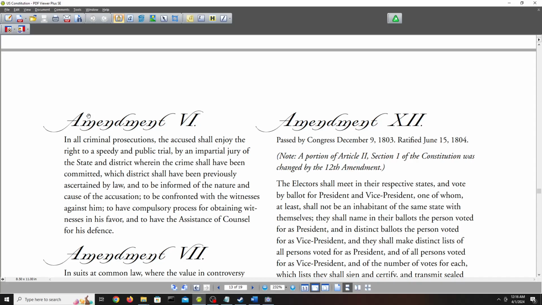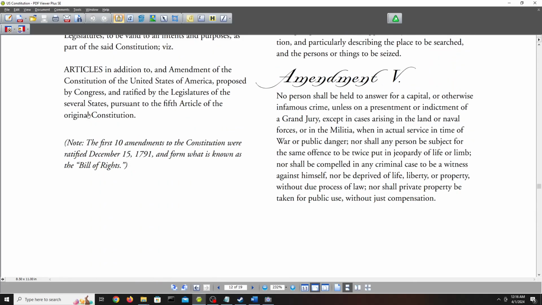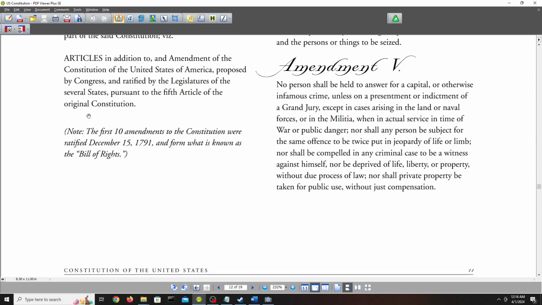So let's say someone got indicted for some silly reason. Okay, you know what? Let's back up. I'm going to show you how this would work, and this is something the founders have done. We'll start with the grand jury.